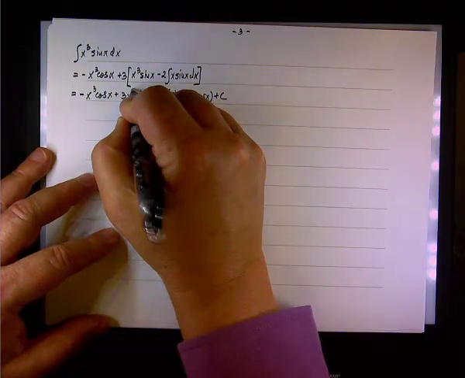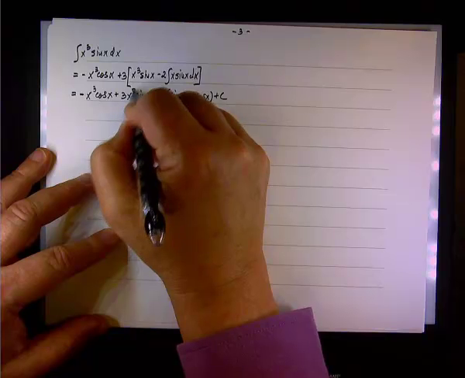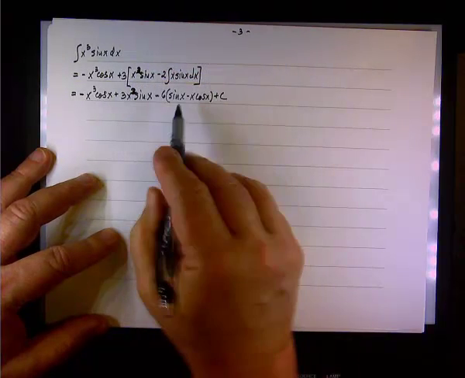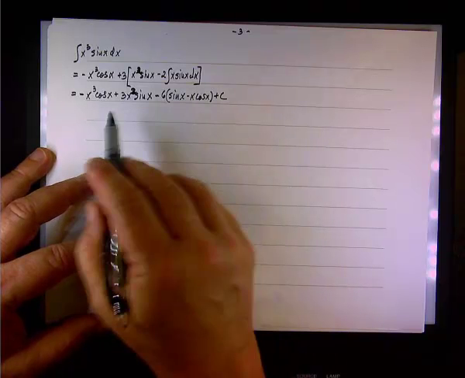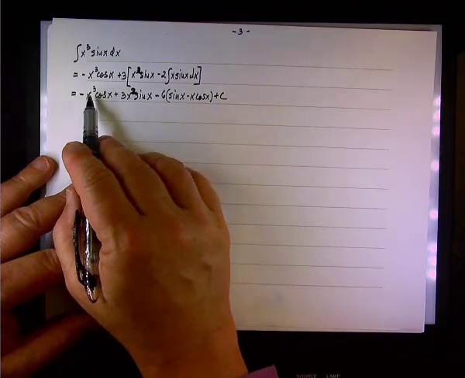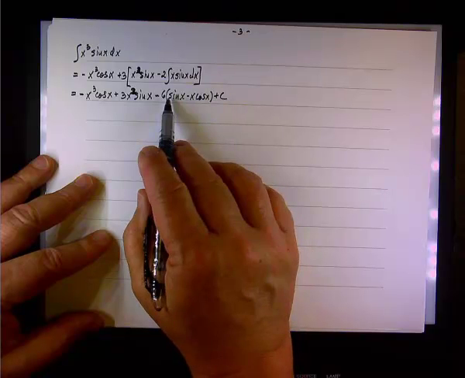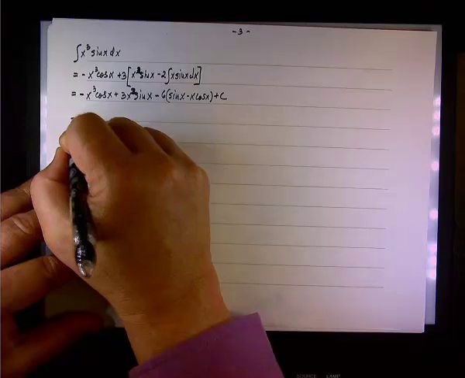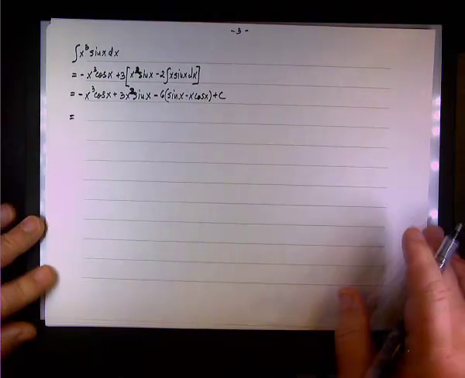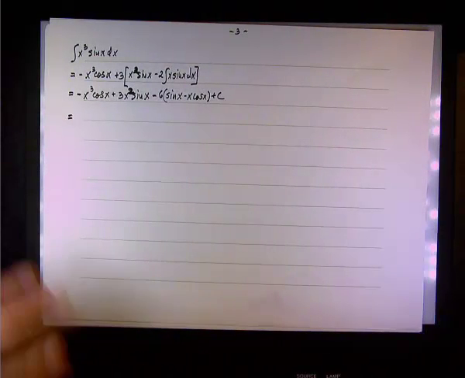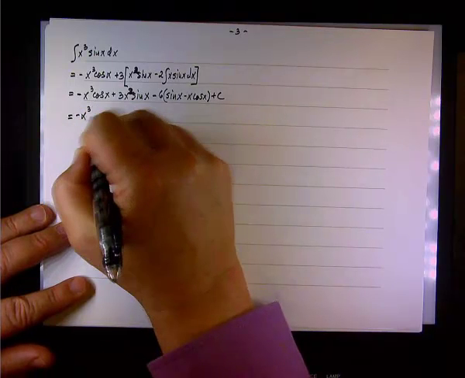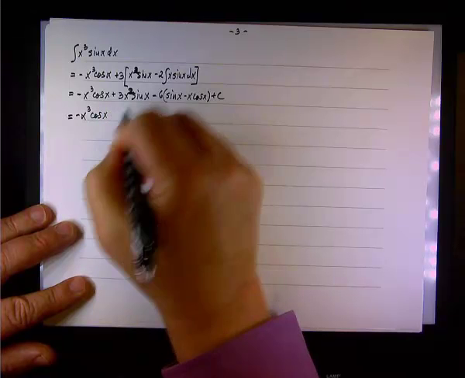And one more thing before we finish this up. Actually, this is 3x squared, I believe, isn't it? So we have x squared right here, and yeah, that's what attracted my attention. Notice that we have x cubed, x squared, x, and a trig function without the x. So let's write it just for cosmetic reasons in descending powers of x.